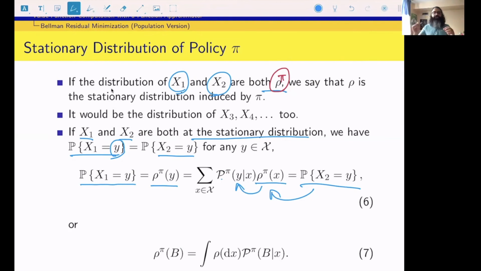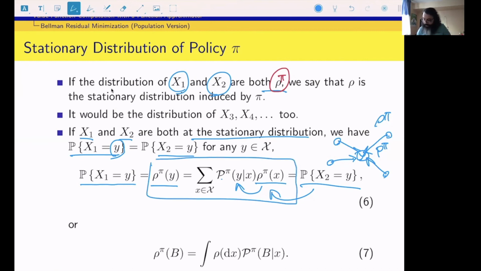This is averaging over all possible x's: the same y is reached from different states, the probability of each of these states comes from rho pi, and the transition probability is P pi. So this means that we have this identity in the middle.